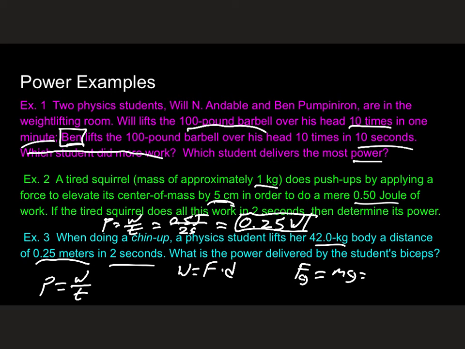So we actually have to do 3 different things just to get this one. First, we have to say that 42-kilogram student times 9.8 meters per second squared, and we get the force of gravity is 411.6 newtons.